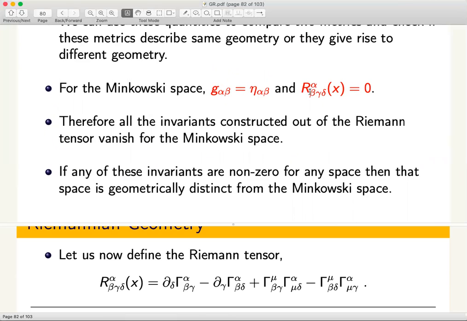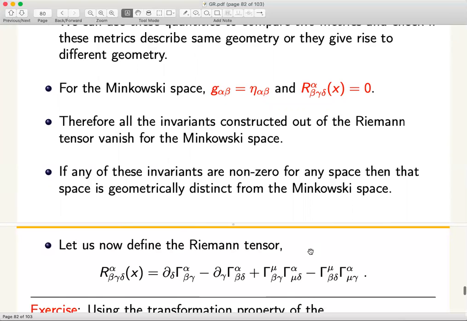We have written R alpha beta gamma delta is equal to 0 for any alpha beta gamma delta, no conditions on alpha beta gamma delta. Put anything that is allowed by the symmetries of the Riemann tensor, namely, as long as you keep gamma delta antisymmetric, this quantity just vanishes. So for any other geometry, if you find that any invariant constructed out of the Riemann tensor is non-zero, you know that you have a different geometry.